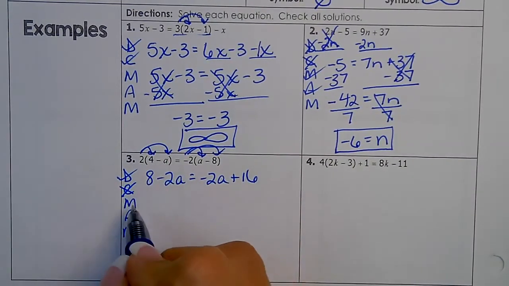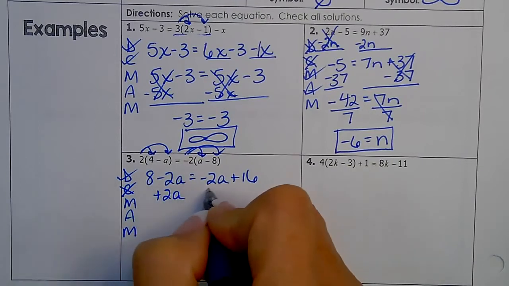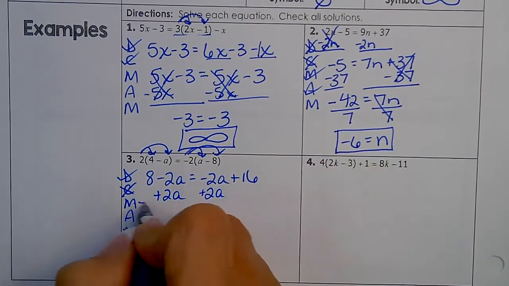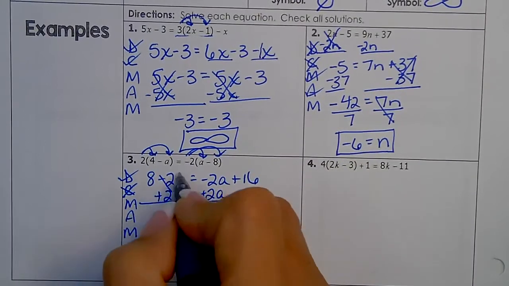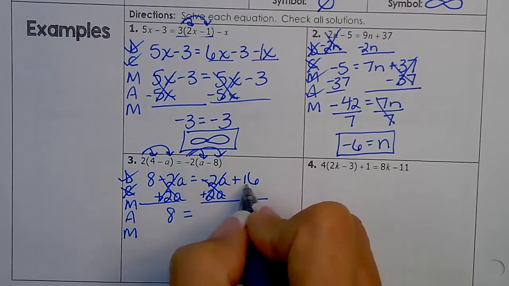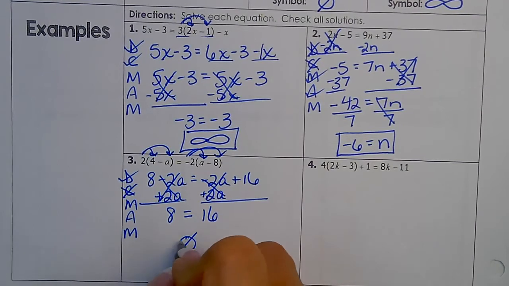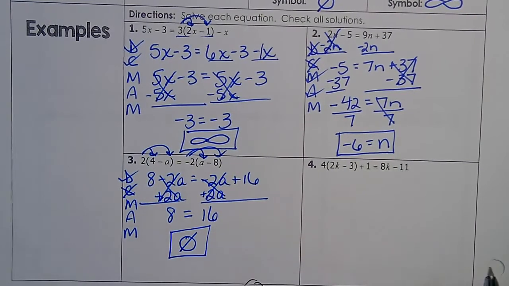Nope, don't need to. So we're on move it. Add 2a to both sides. 8 equals, those cancel, 8 equals 16. That's not true. So my answer is no solution.